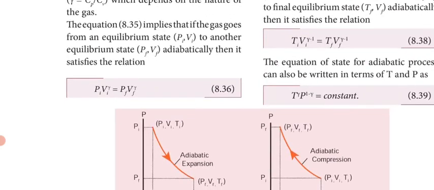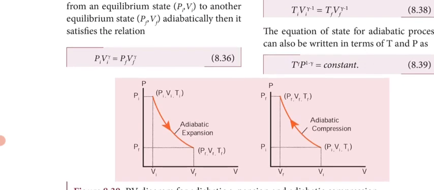This equation implies that if the gas goes from an equilibrium state, Pi Vi, to another equilibrium state, the final state Pf Vf, adiabatically, then it satisfies the relation Pi Vi^nu is equal to Pf Vf^nu.